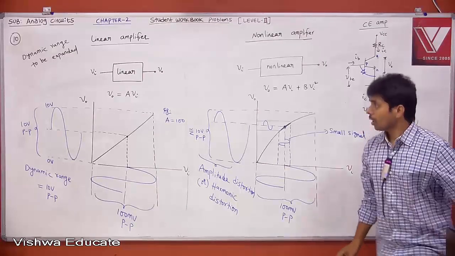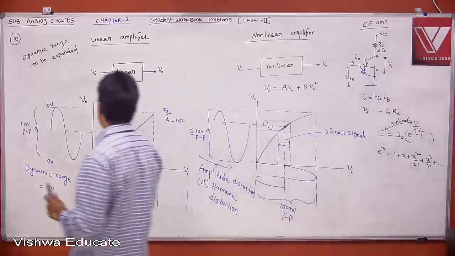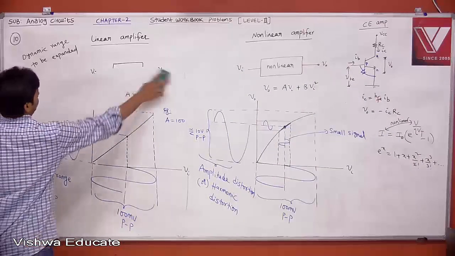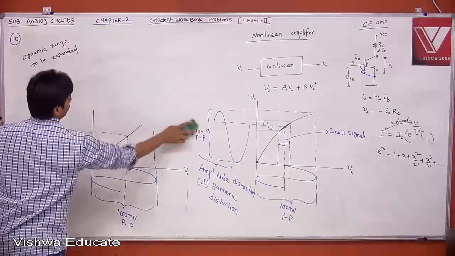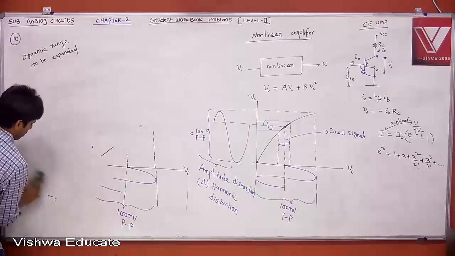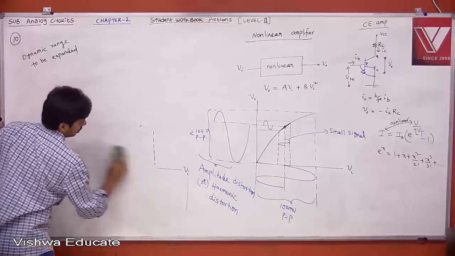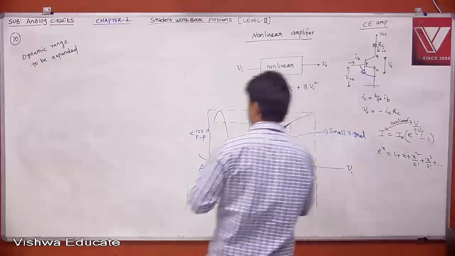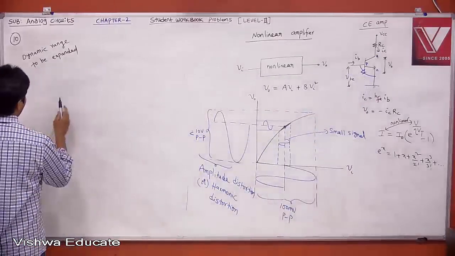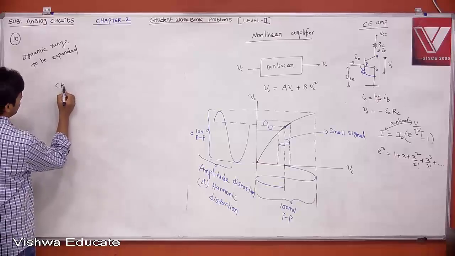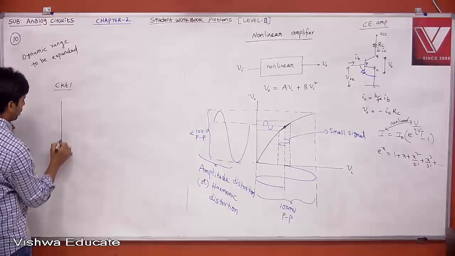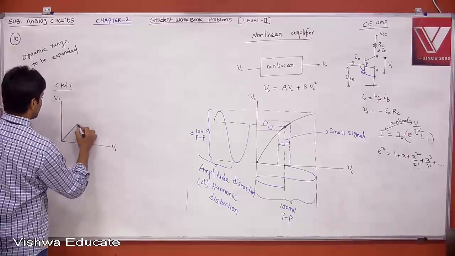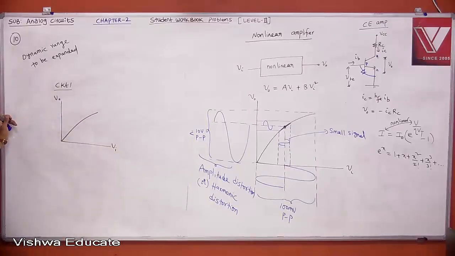I can explain it in a different way to understand. Let us say this is circuit 1, where the relationship between Vi and V0 is non-linear, but it is something like this.